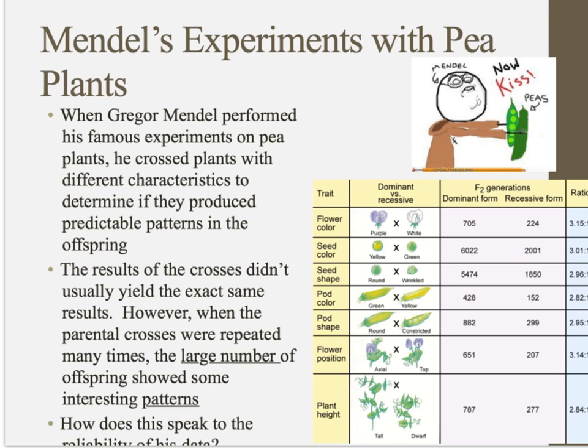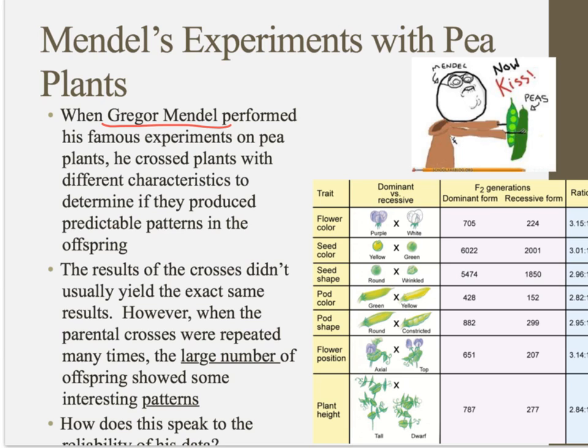All right, now we can't have a genetics discussion without talking about the father of modern day genetics, who is Gregor Mendel. And Gregor Mendel did a lot of work, but his most famous work was definitely on pea plants. So what he did is he crossed or bred pea plants with different characteristics, and he started keeping track of their offspring.